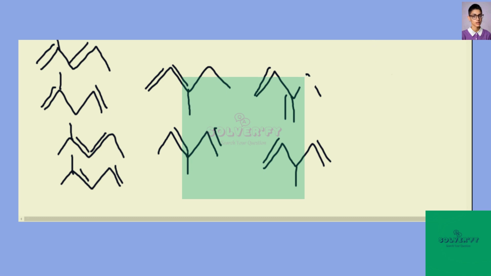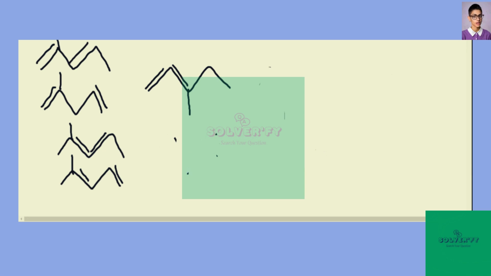Next, we're going to draw 6 carbon compounds with a 5 carbon chain and 1 triple bond. So ignore these over here.